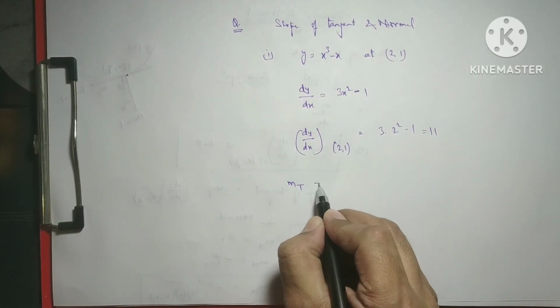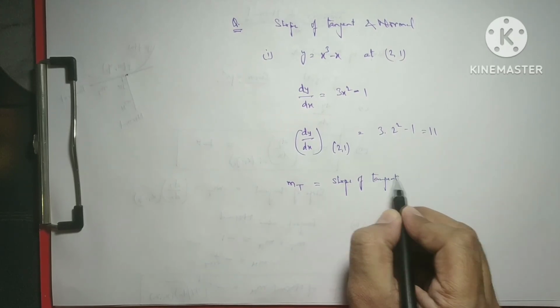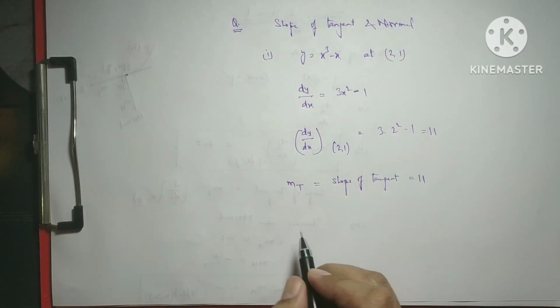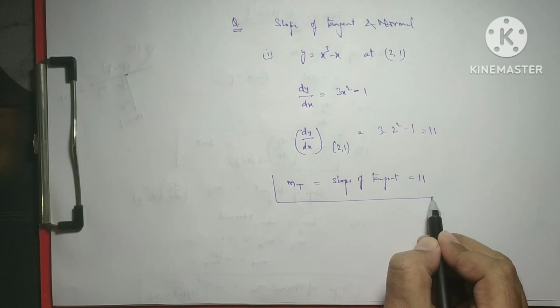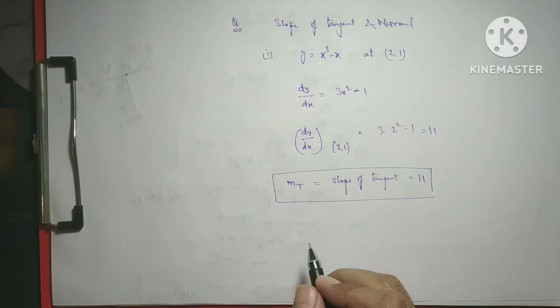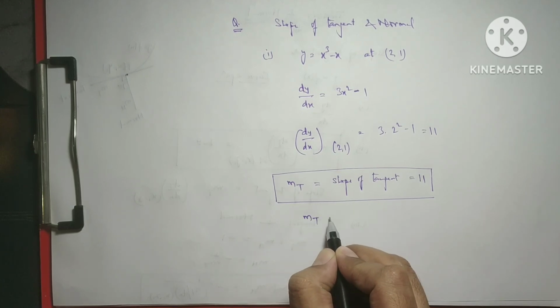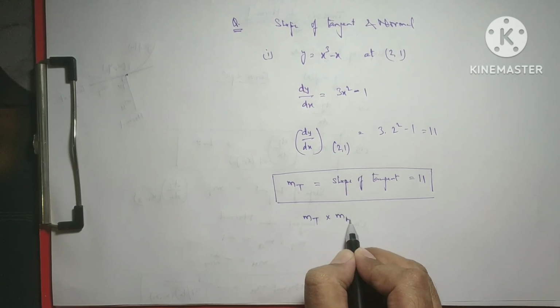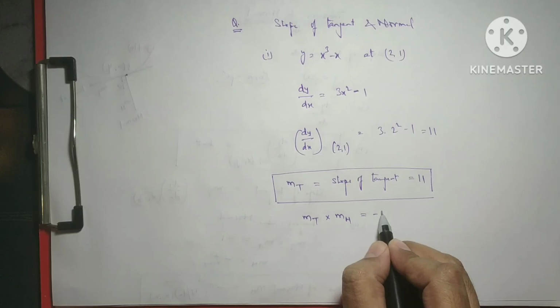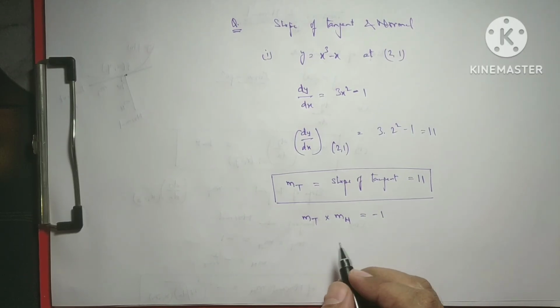So the slope of tangent is 11. So it is the first answer, but we also want to collect the slope of normal, so the product of these two slopes is -1 because these are perpendicular, tangent and normal.